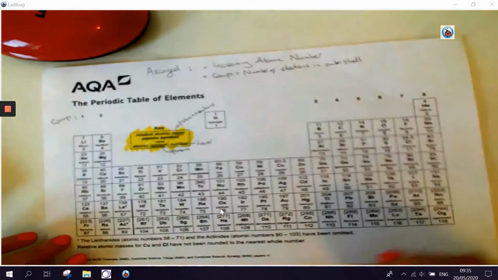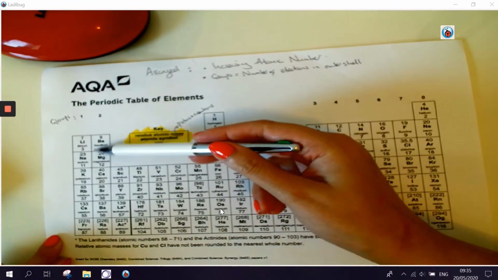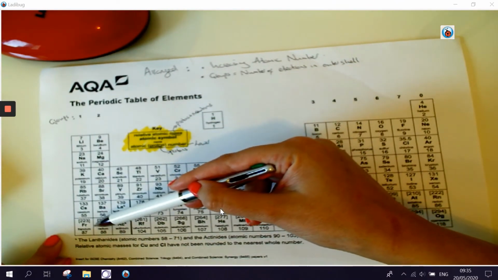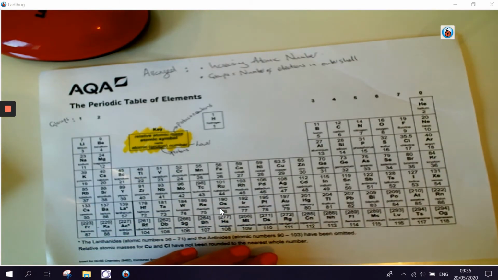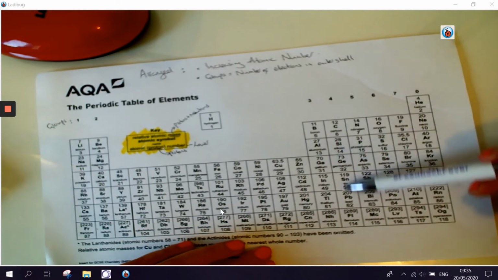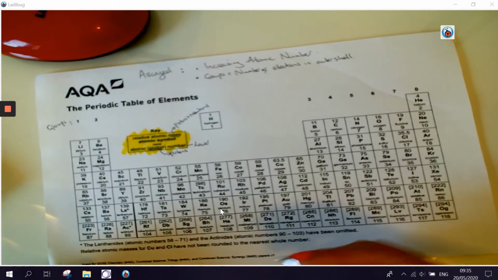So every element in group 1 will have 1 electron in its outer shell. Every element in group 4 will have 4 electrons in its outer shell.